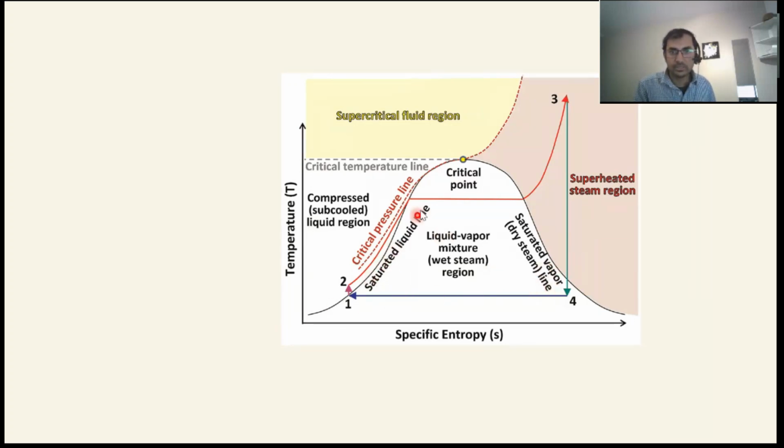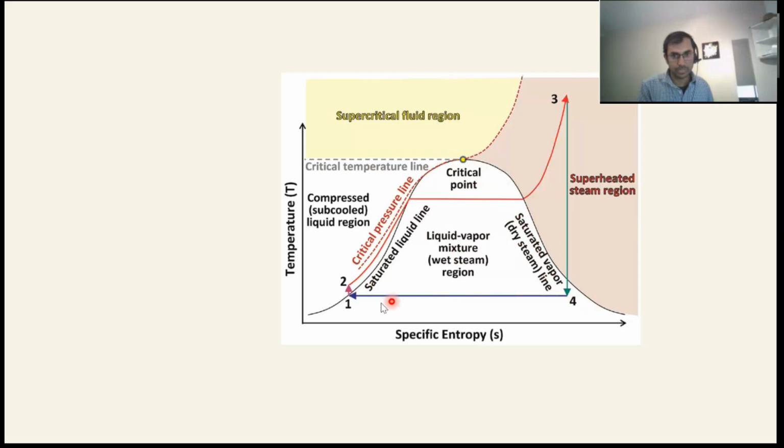Here this is the saturation line. This portion is the saturated liquid line, this portion is the saturated vapor line, and this is the critical point. Everything above, outside this saturated vapor line, is the superheated steam region, and inside it is the liquid plus vapor mixture.